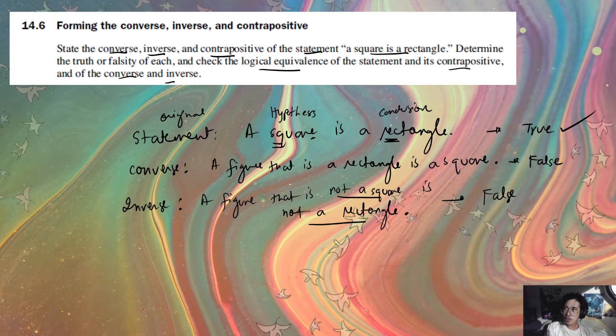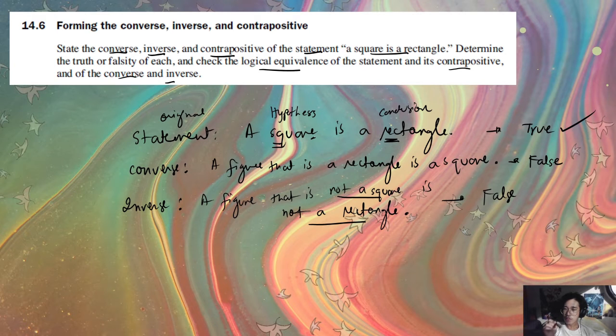A rectangle is directly related to a parallelogram. Okay, so one example of this would be a parallelogram. A figure that is not a square, which is a parallelogram, is not a rectangle. So a parallelogram is not a square, but it could be a rectangle because it has congruent parallel opposite sides.